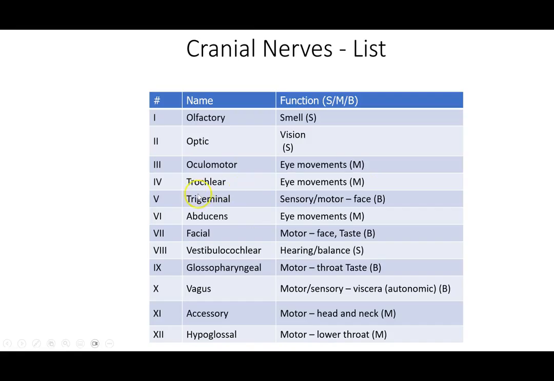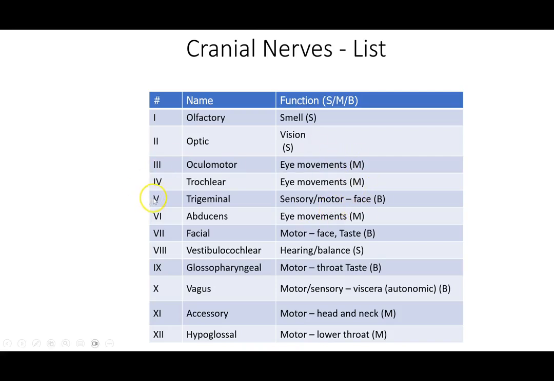And then the trochlear nerve is going to also, again, be responsible for eye movement, but it controls different muscles than the oculomotor nerve does. And then the abducens cranial nerve is also going to do eye movement as well, but again, these are each going to different muscles around the outside of the eye, but they're all motor nerves.